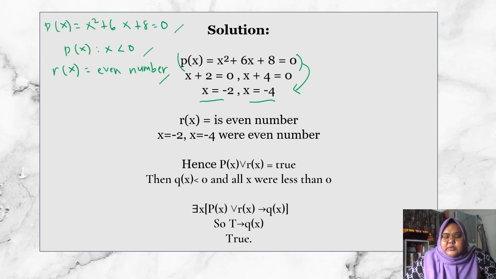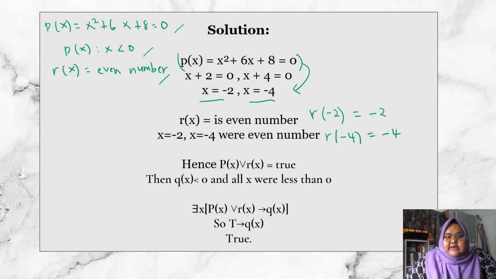This is because we take the P(x) answer into R(x). We take -2 and get -2, and the same for -4, we get -4. Like the statement says, R(x) is an even number, so -2 and -4 are even numbers.